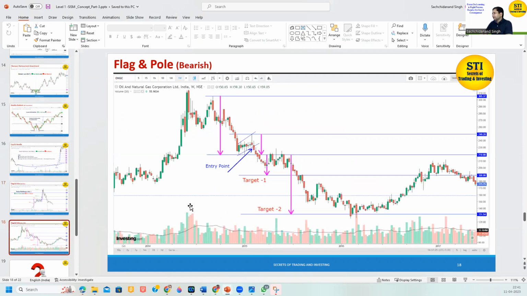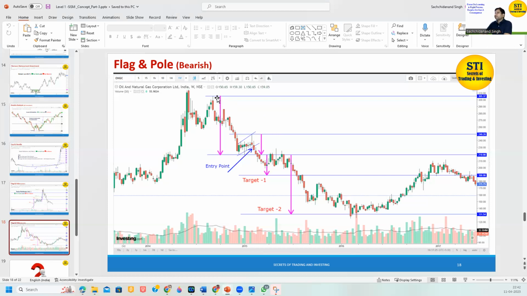So the last concept, we have overshot a few minutes, but this is just the last concept: the bearish flag and pole. In this example, rather than the price moving up, the flag and pole formation is happening when the price is coming down. This is an example of ONGC, our own Indian company, Oil and Natural Gas Corporation Limited, India.